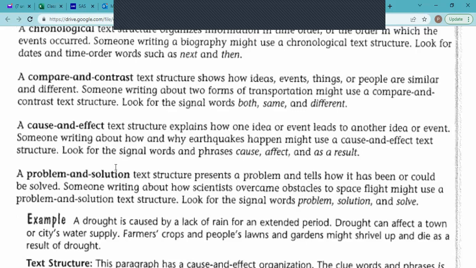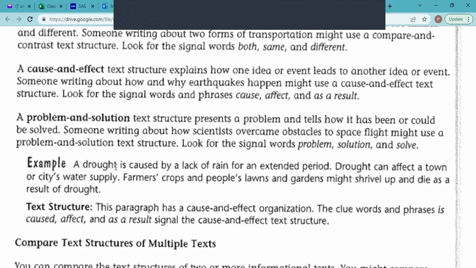Okay. Compare and contrast. Well, it's talking about the drought, which is a lack of rain. And then it goes into the problems that people experience through this. So that's not really a compare and contrast. But if we look at it from a cause and effect relationship, the cause is the drought, lack of rain. The effect is many. It affects the town's water supply.